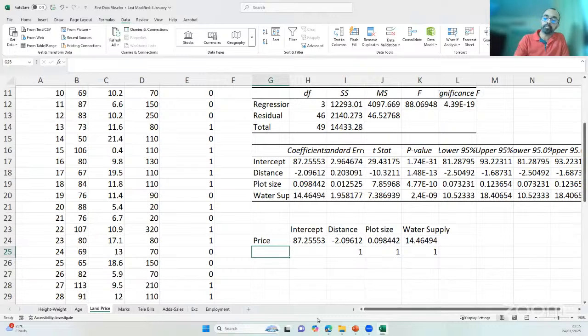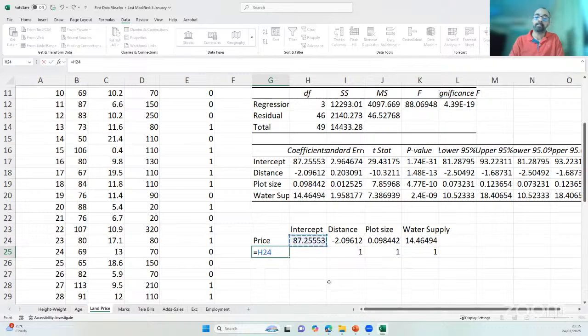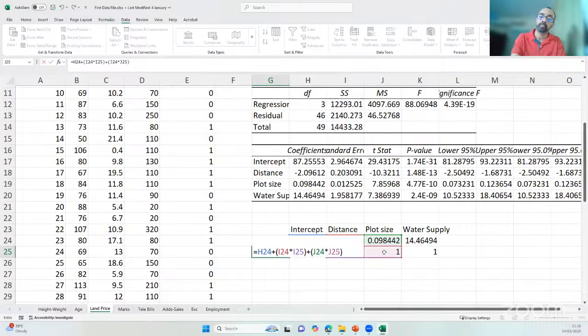So the price is equal to the intercept plus, put a bracket, this distance coefficient into the actual value of distance, then plus this coefficient into the actual value of the plot size, then plus this coefficient into the actual value of water supply, whether water supply is there or not, 1 or 0.